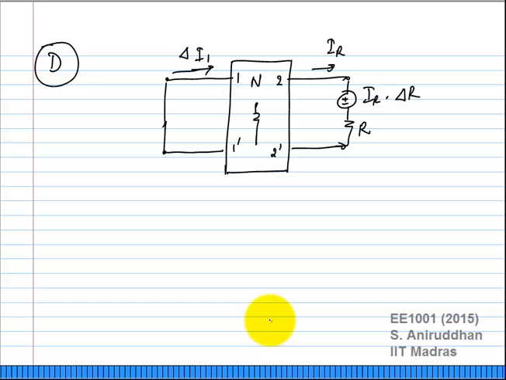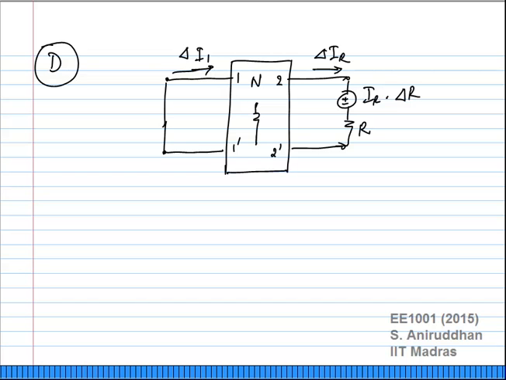When I remove Vs, the rest of it must be delta I1, right? What is the current that flows here? Delta IR. In the original case I had IR. The current that flows here must be delta IR. Right? Okay.